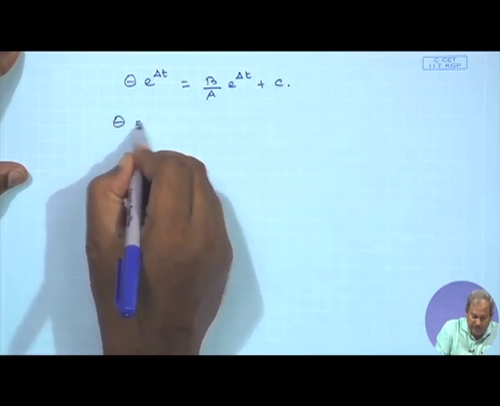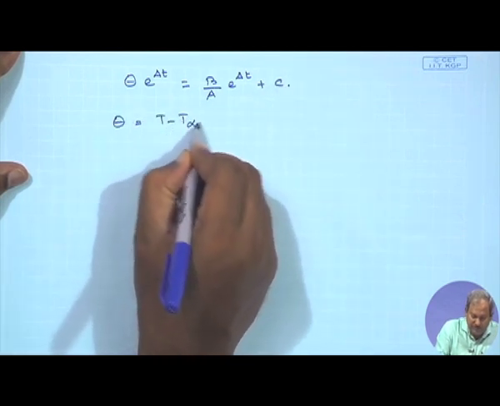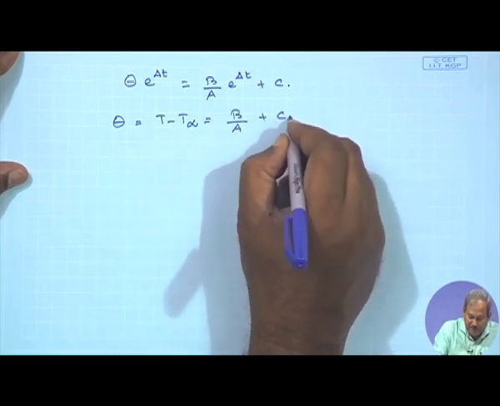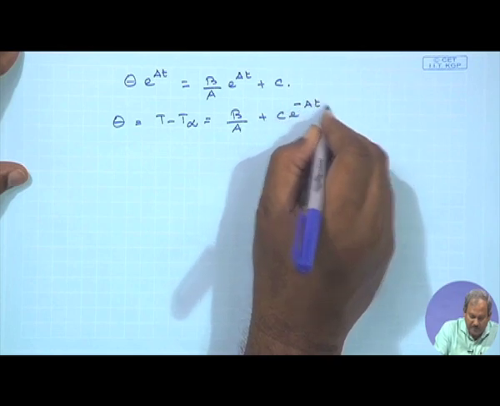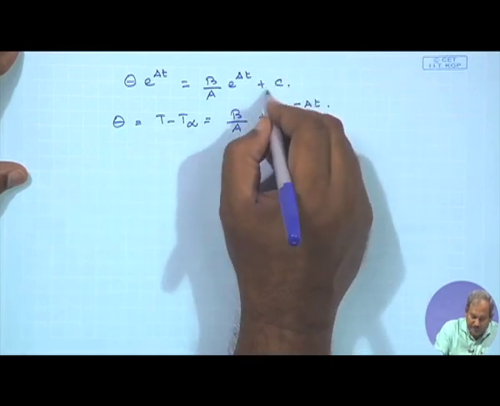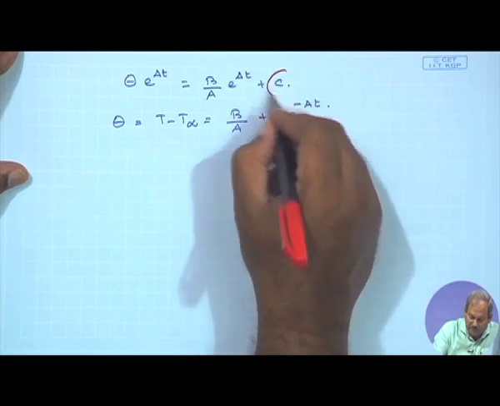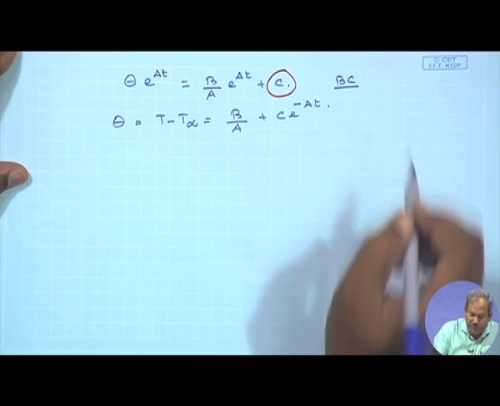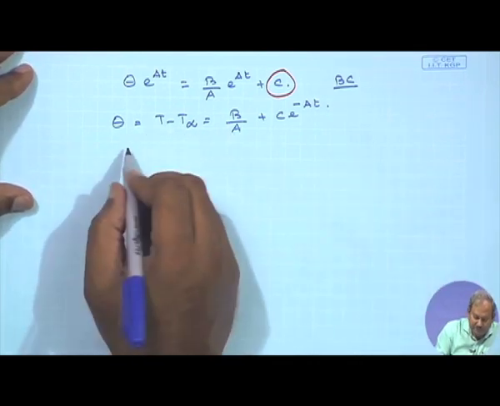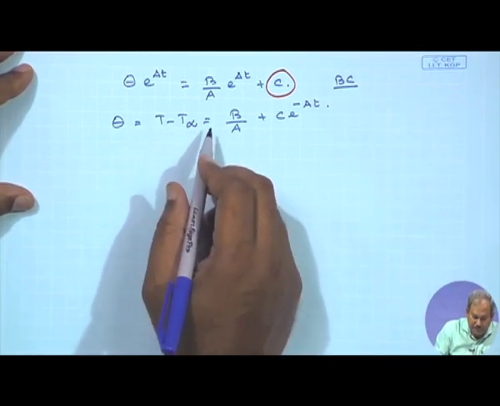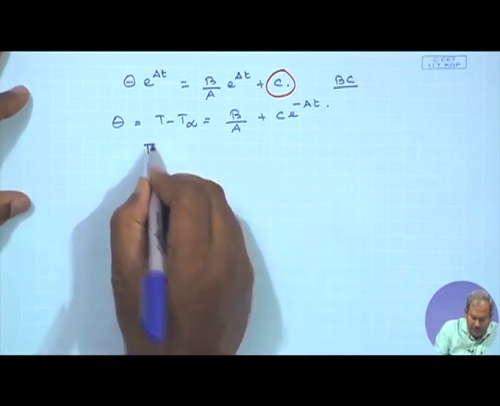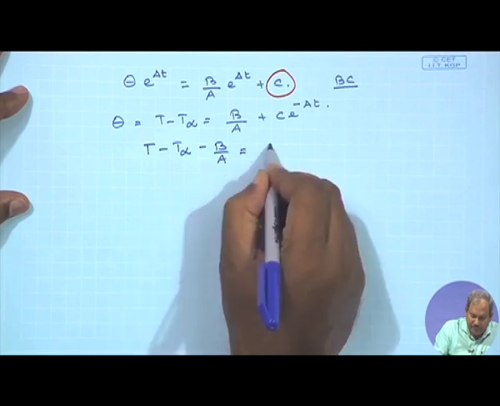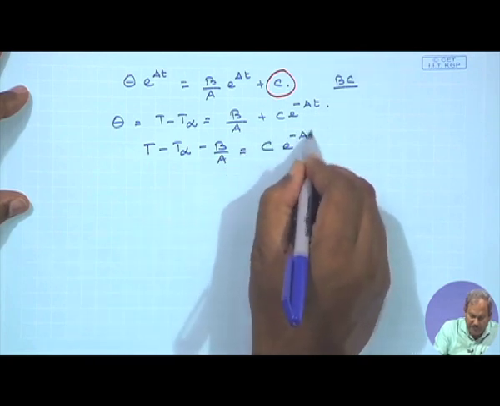Therefore, theta, which is T minus T infinity, is equal to b by a plus c e to the power minus a t. This c is the constant of integration, which needs to be evaluated through the use of boundary conditions. But once again, what we have here is T minus T infinity minus b by a is equal to c e to the power minus a t.